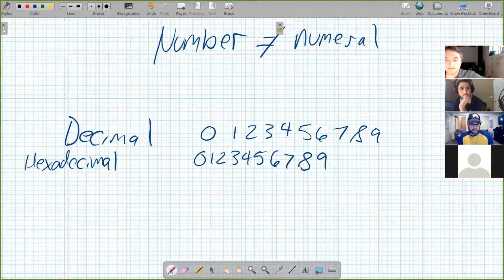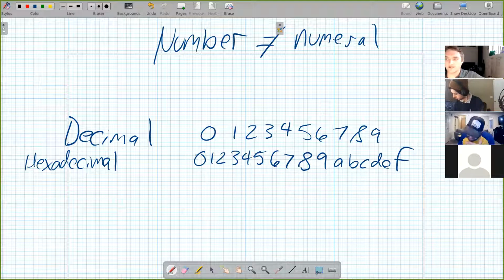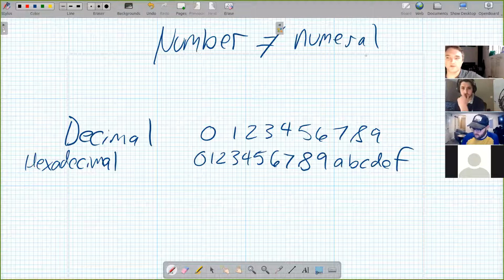Hexadecimal is 0 through 9, and then A, B, C, D, E, F. And so the number after 9 in this counting system, 10 in decimal, that's 1, 0. In hexadecimal, that's A. They both represent the same number, even though they're different combinations of numerals.